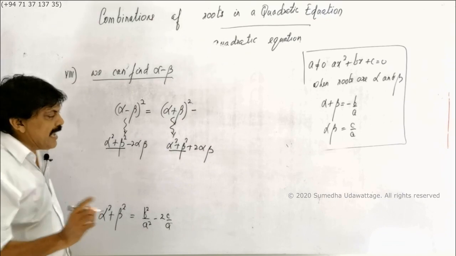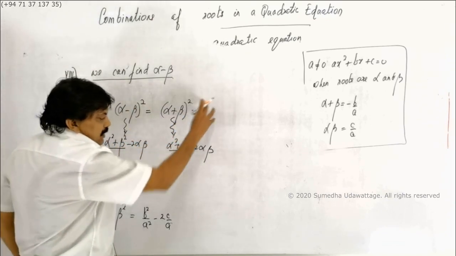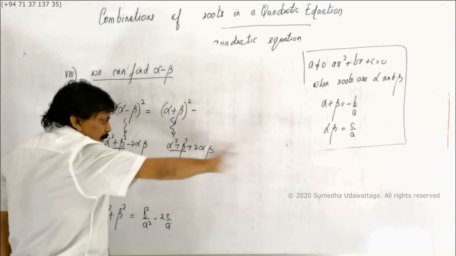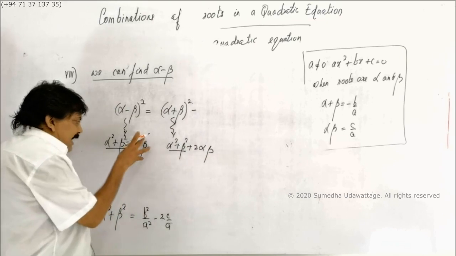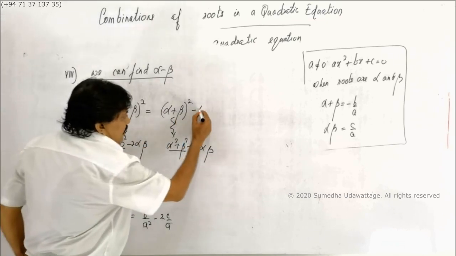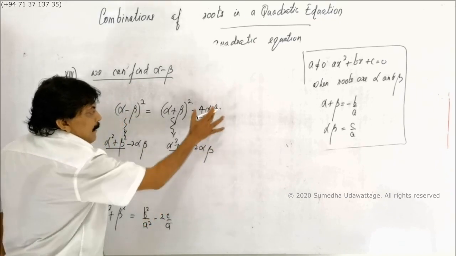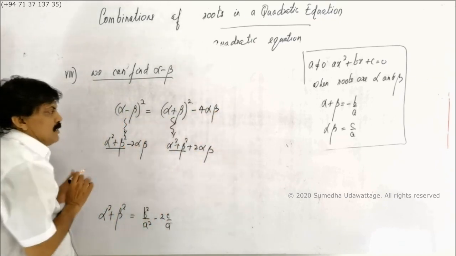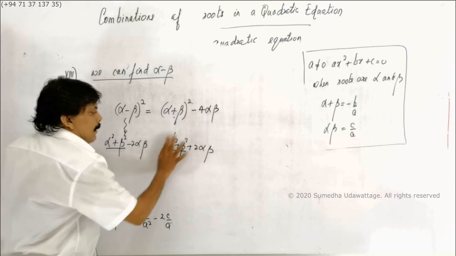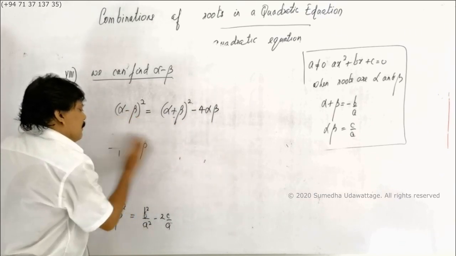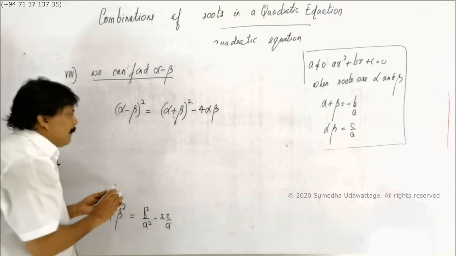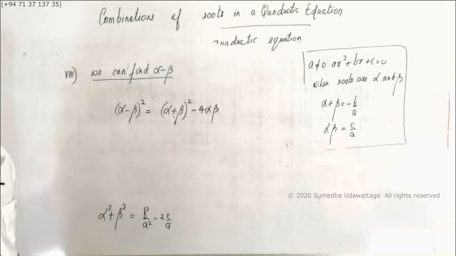Before I write, you guess what to write here. 2 alpha beta has to be removed and another 2 alpha beta, that is, we get 4 alpha beta. 2 alpha beta minus 4 alpha beta gives minus 2 alpha beta. This is alpha minus beta squared.